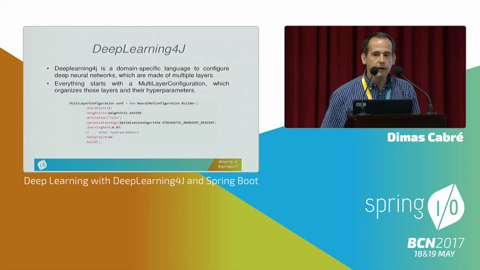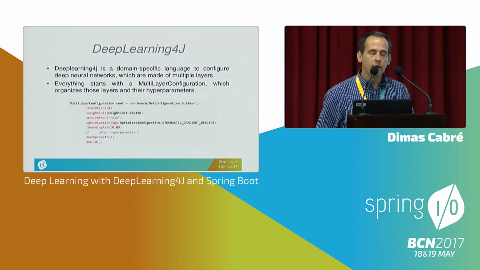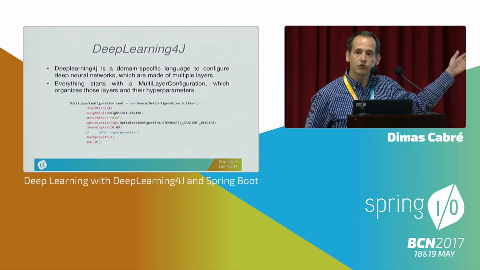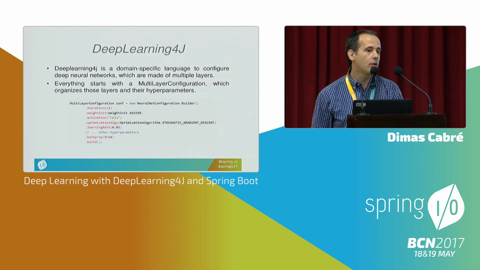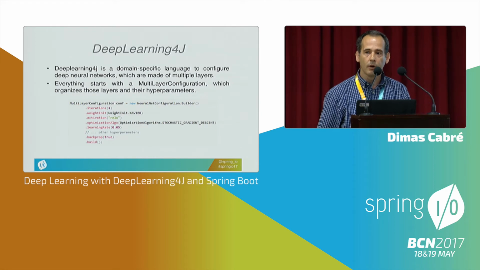What is inside DeepLearning4J? DeepLearning4J is, simplifying a lot, just a domain-specific language. If you look at the syntax for how to model a neural network, you have several predicates with which you can enhance a basic model of a neural network, okay?